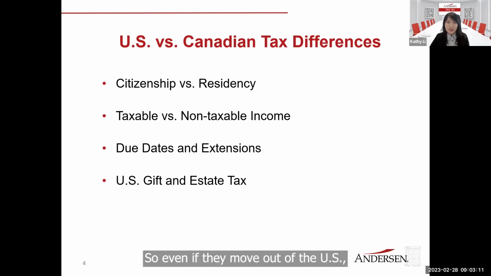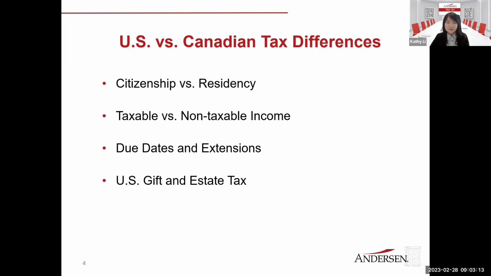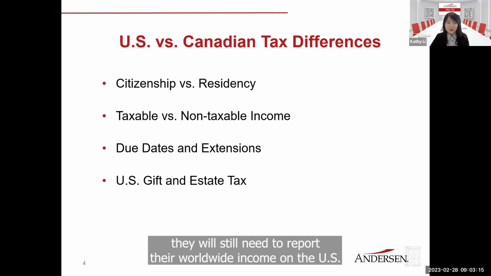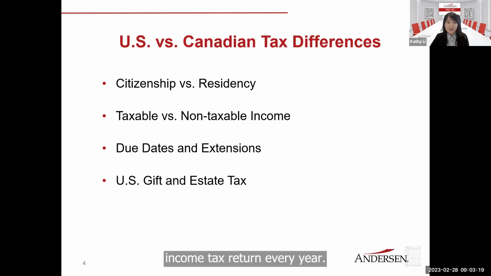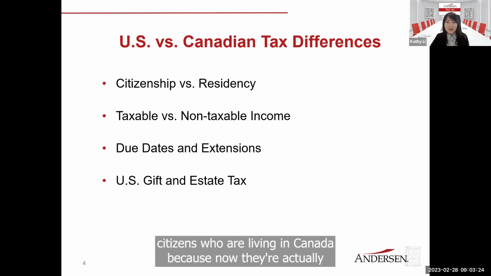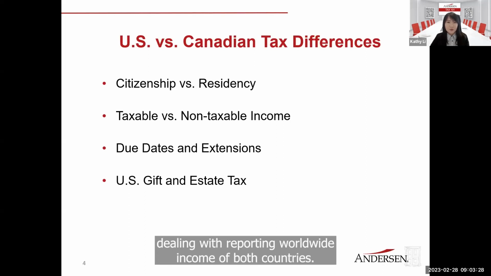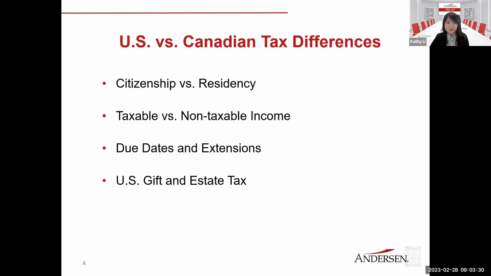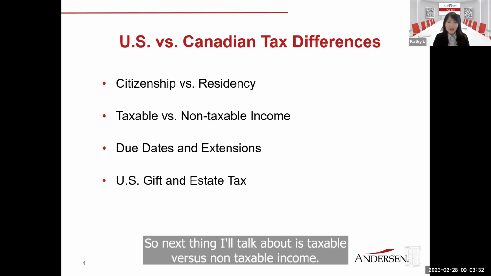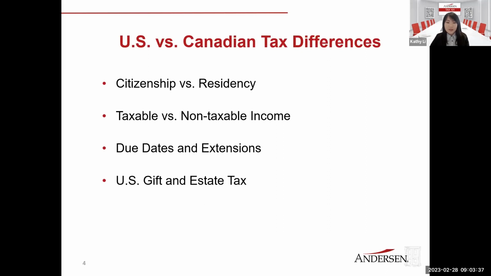So even if they move out of the US, they will still need to report their worldwide income on the US income tax return every year. So this really affects US citizens who are living in Canada, because now they're actually dealing with reporting worldwide income in both countries.